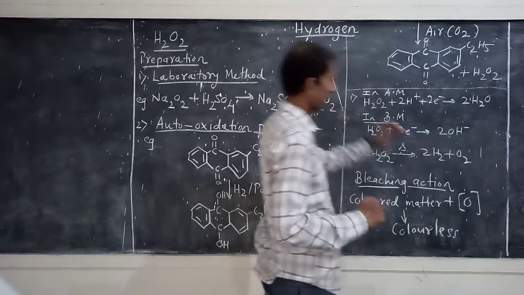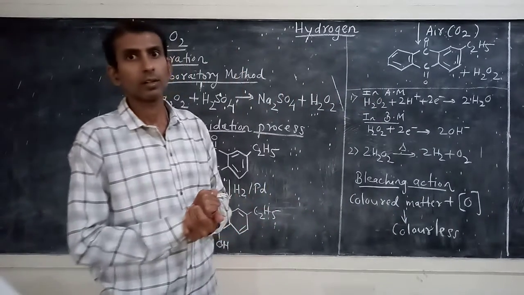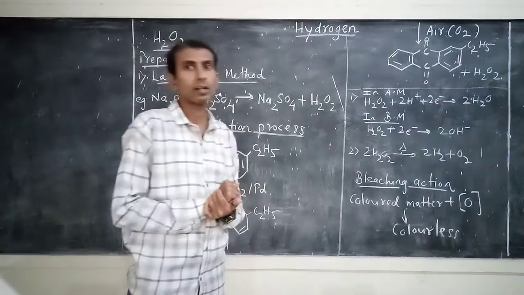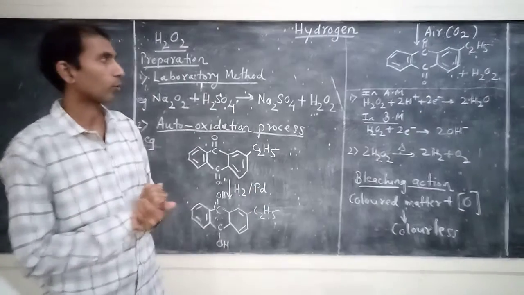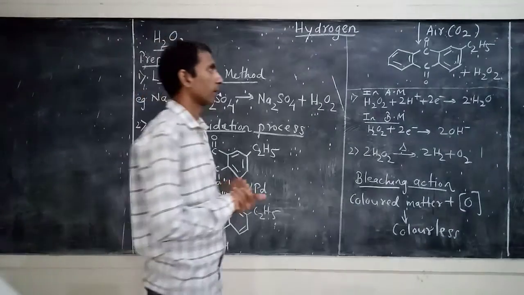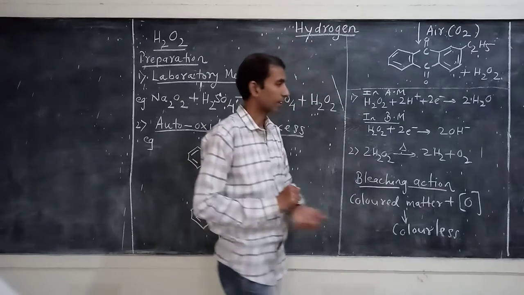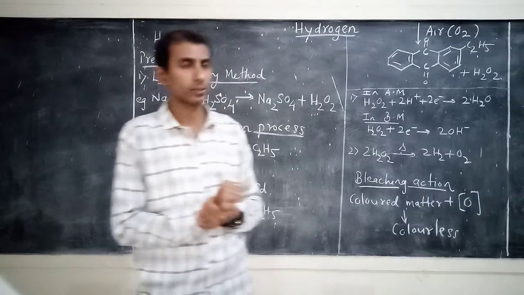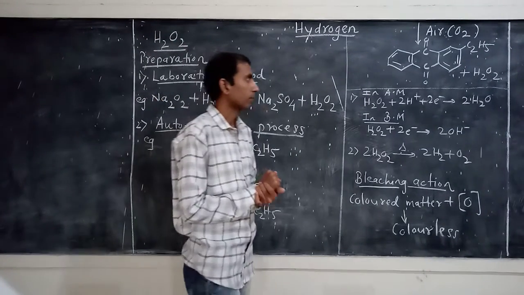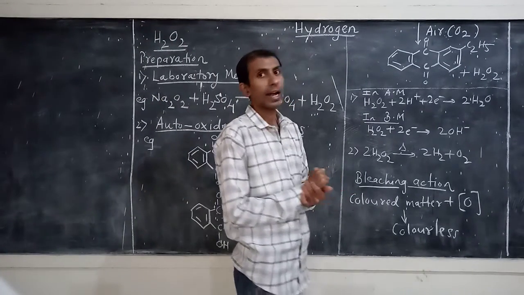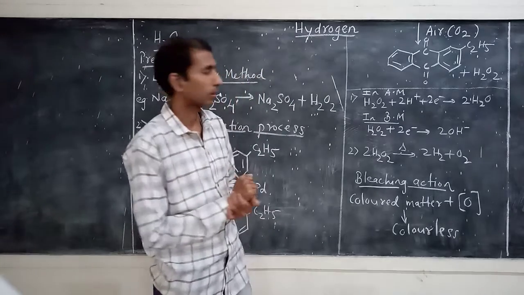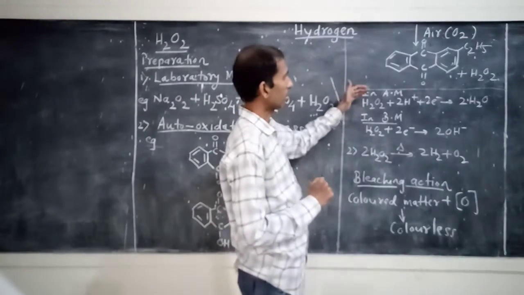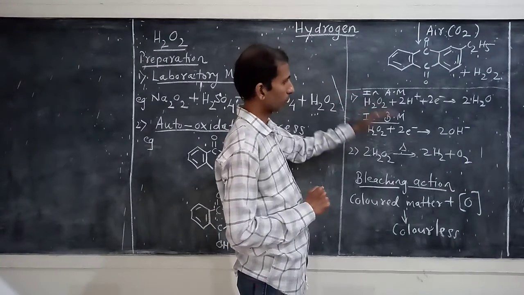Now the next part, remaining part rather, is the chemical reactions of hydrogen peroxide. So the first category we start now, oxidizing nature of H2O2. Okay, so H2O2 acting as an oxidizing agent. First we will see in the acidic medium, then in the basic medium.